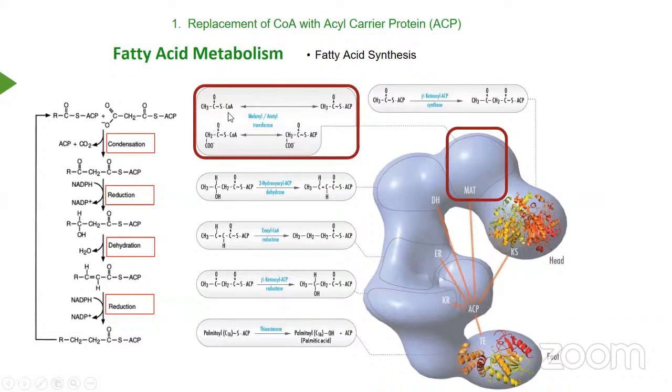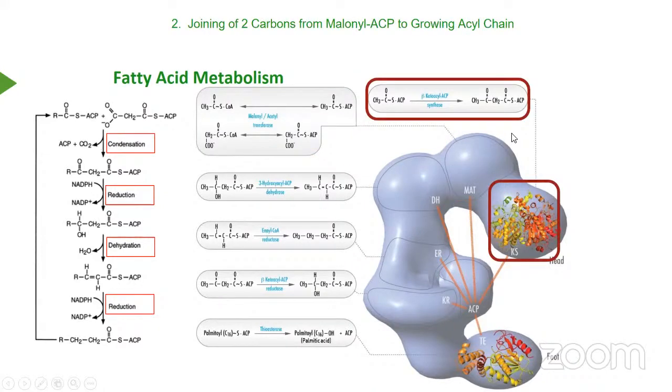So this malonyl acetyl transferase will transfer that malonyl acetyl moiety, and then you have the second enzyme where there is a condensation reaction. The already existing acyl group plus this malonyl group get condensed, and you have this structure where you have 2 carbonyl groups separated by 1 CH2.